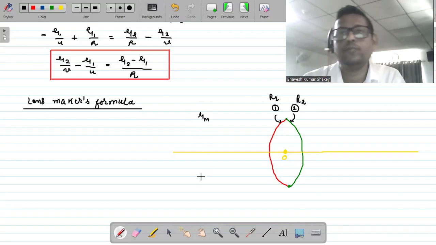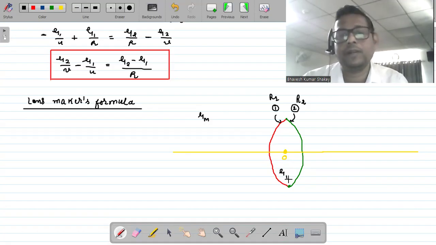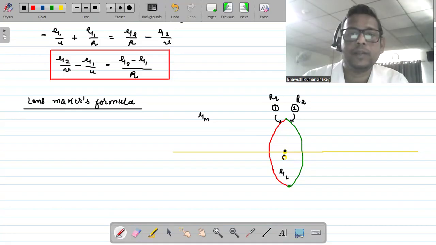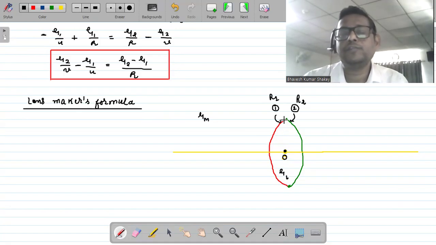What is mu m? Mu m is the refractive index of the medium, and mu l is the refractive index of the lens. Understand? So this is the convex lens, and this O is called the optical center. This convex lens has two spherical surfaces.